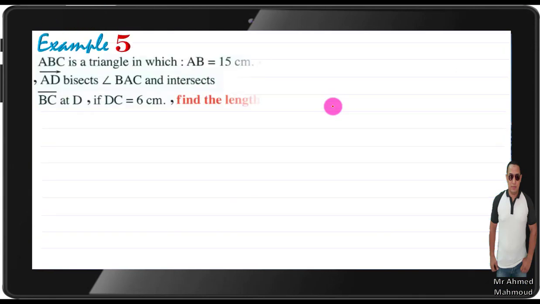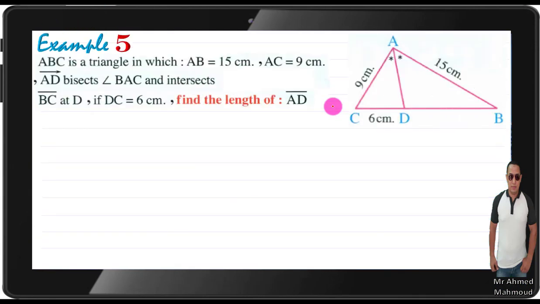Now we have example 5. In this example, as we see, triangle ABC, AB is 15, AC is 9, and AD bisects angle BAC, DC equals 6. Find the length of AD. To find the length of AD, I need the length of BD.